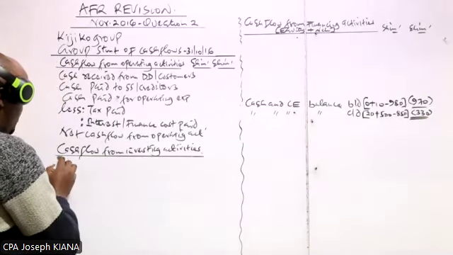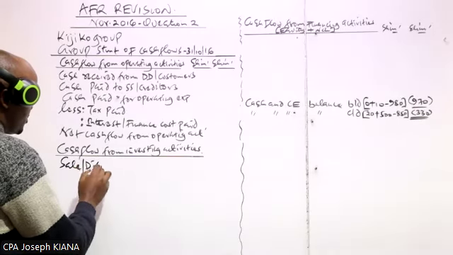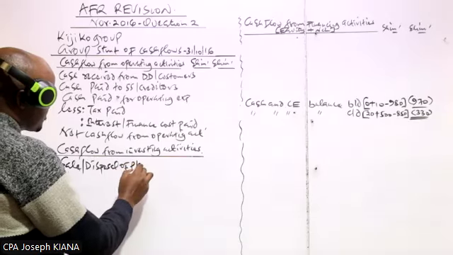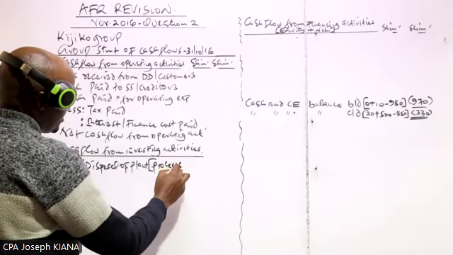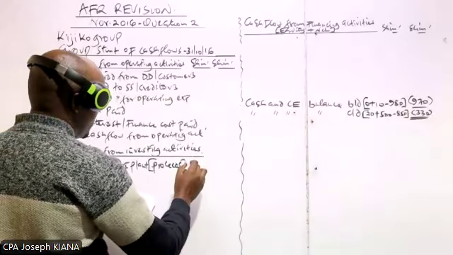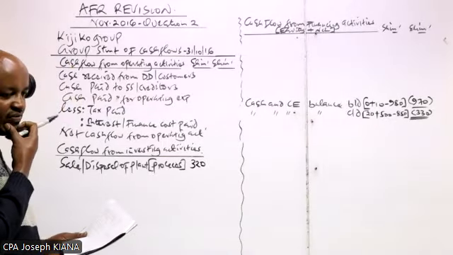So you come here and say there was a disposal of a plant. What we consider here is the proceeds. How much was received from the sale of the asset? We are told it is 320, and this is a cash inflow.